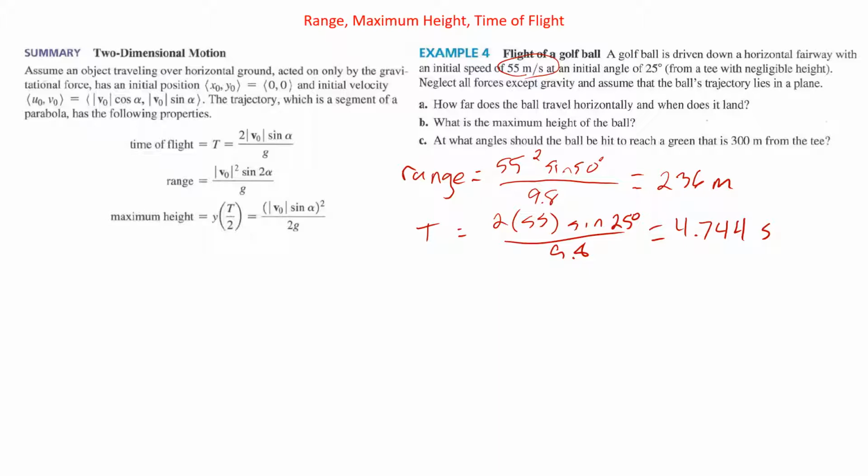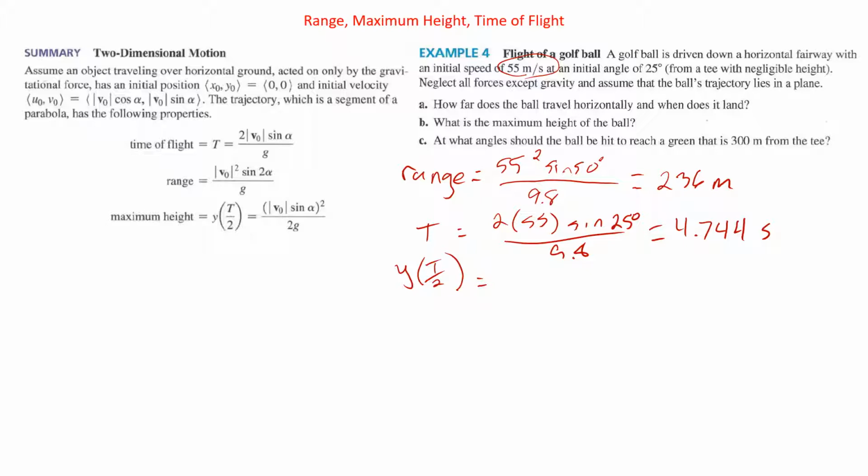Then what is the maximum height? That's going to be the y of halfway. So we would just plug the 1/2 of this into the y equation. We don't even have the y equation. We could find the y equation if we wanted to, but we don't need to.